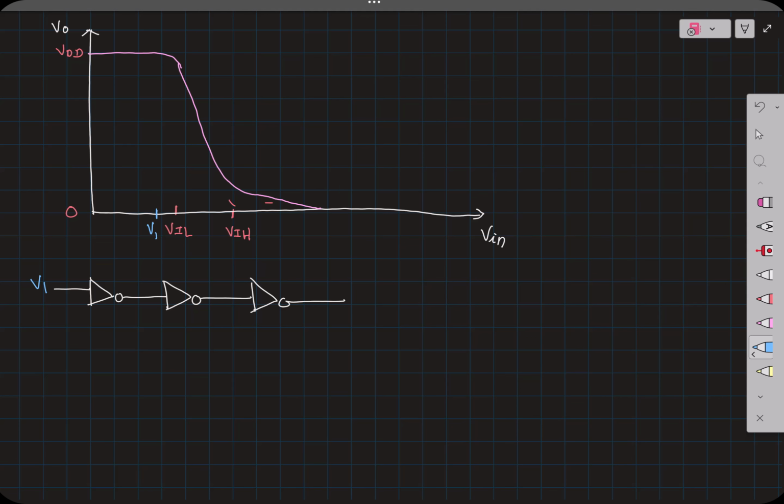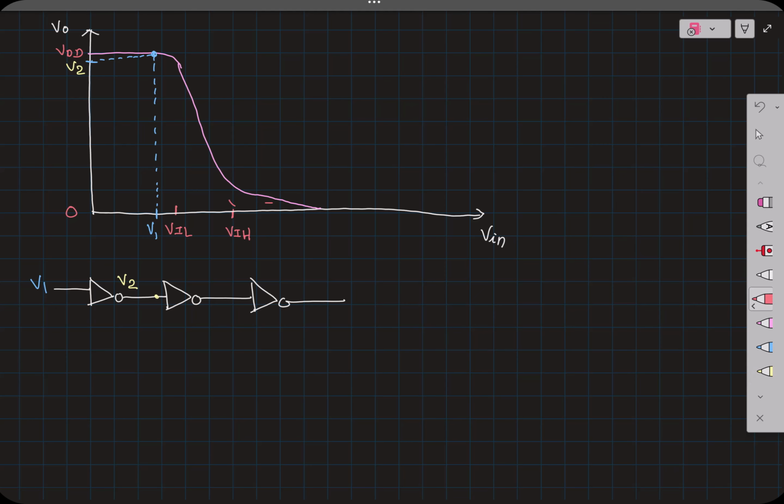Corresponding to this, the output of the first inverter looks like I've already marked it to VDD, but let's say it's slightly smaller than VDD. I'm going to call this V2. So this V2, which is the output of the first inverter, goes as input to the second inverter. For the second inverter, is V2 going to be logic 0 or logic 1?